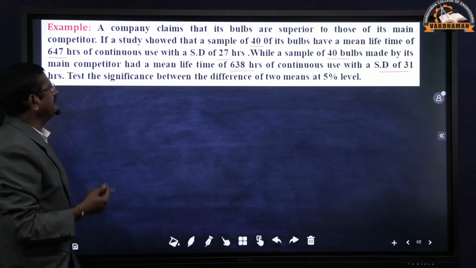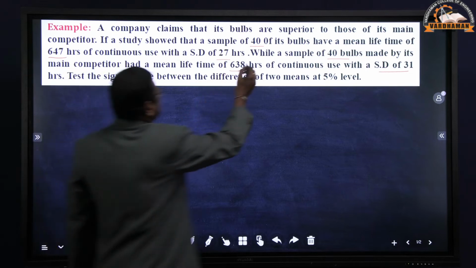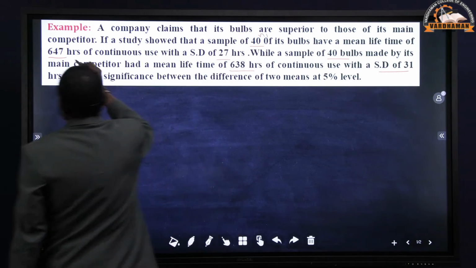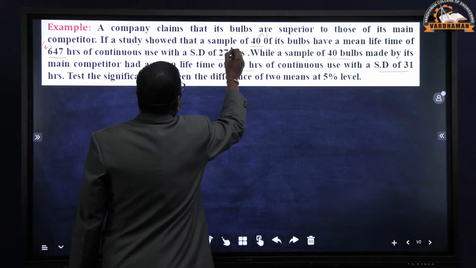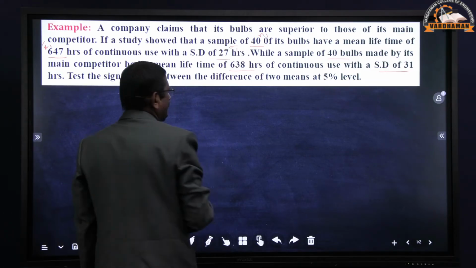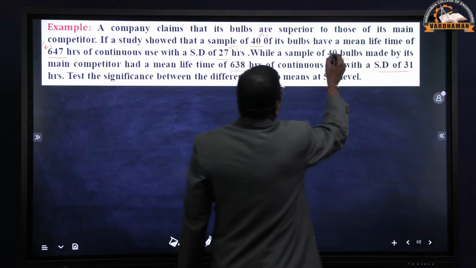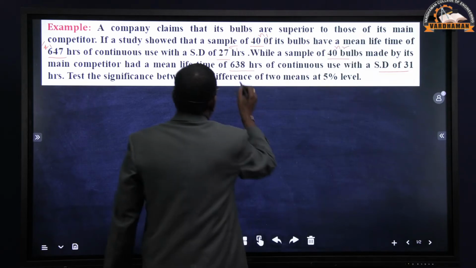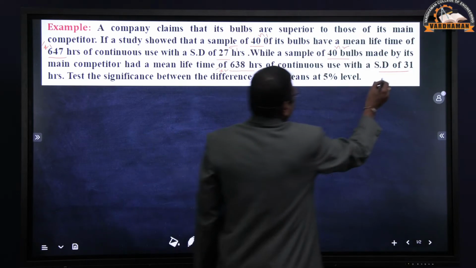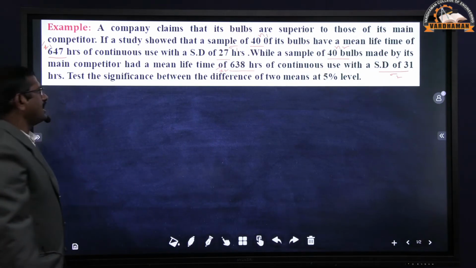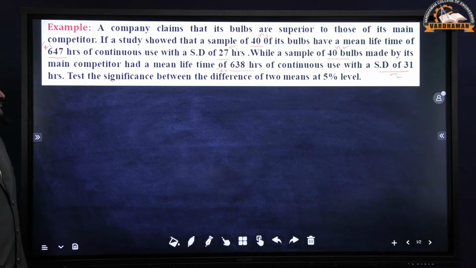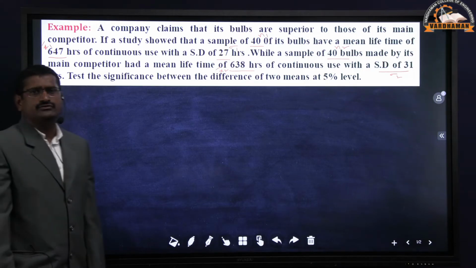So we assume this is n1, this is x1 bar because it is a mean, this is sigma 1, the standard deviation for the sample, and this is n2, this is x2 bar, and this is sigma 2.